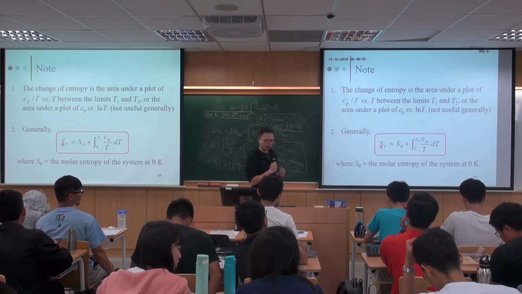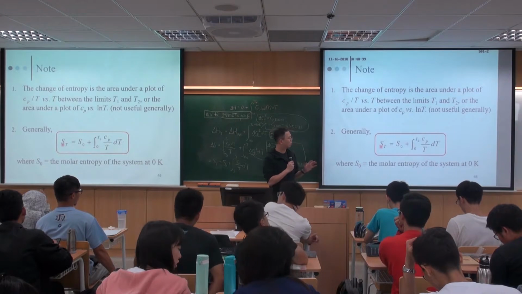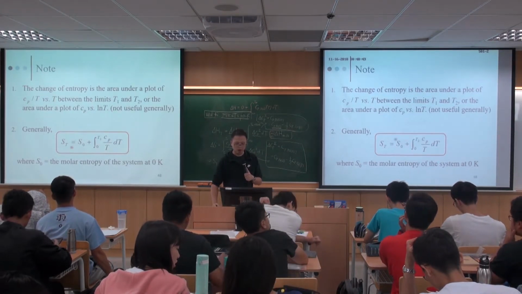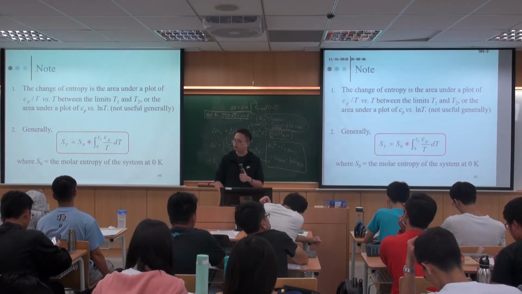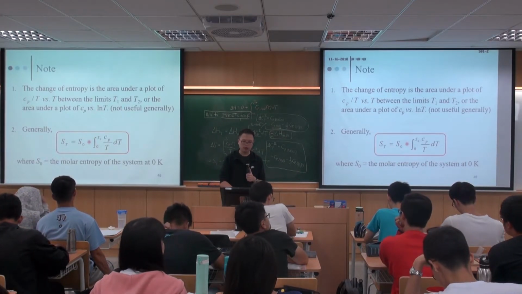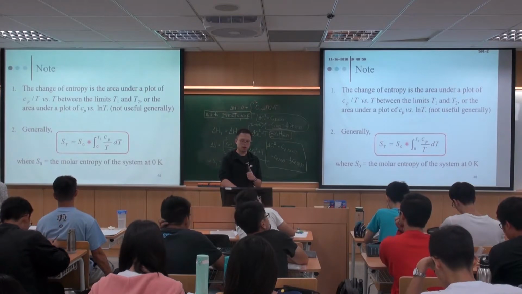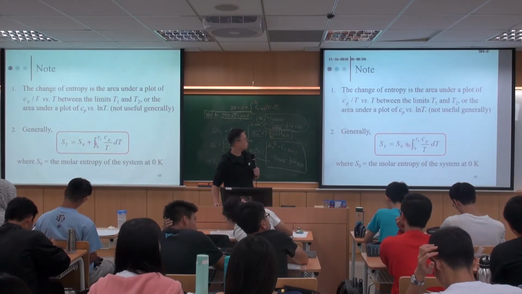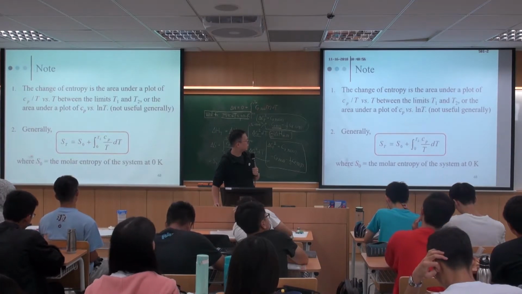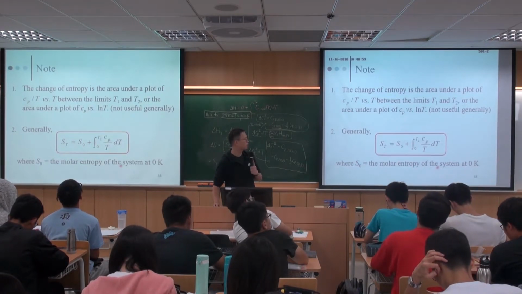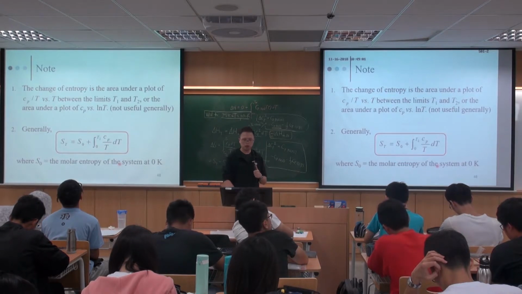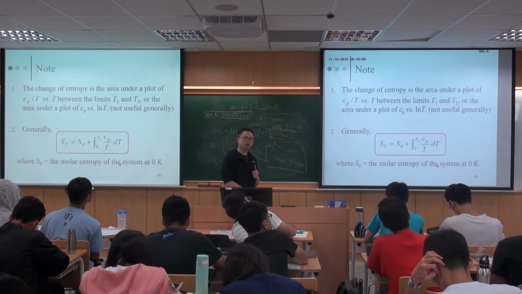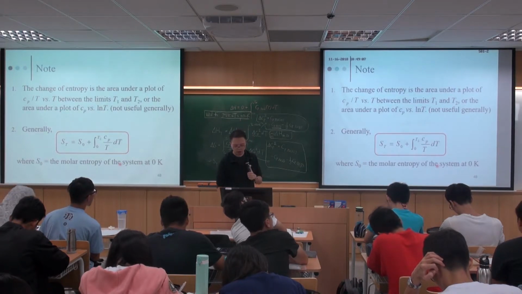So if we can integrate this from 0 to a certain temperature, and more importantly, if we know the value of entropy at 0 temperature, then we can calculate the entropy of this material at any temperature. So this S0 stands for the molar entropy of the system at 0 Kelvin. An important thing is that we need to know what this value is down to 0 Kelvin.